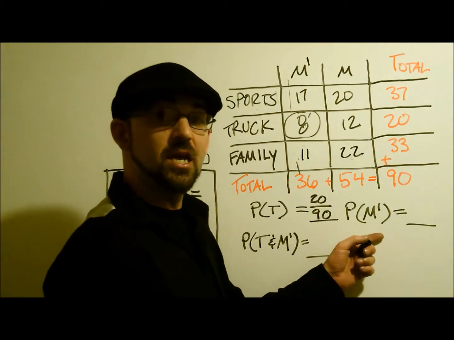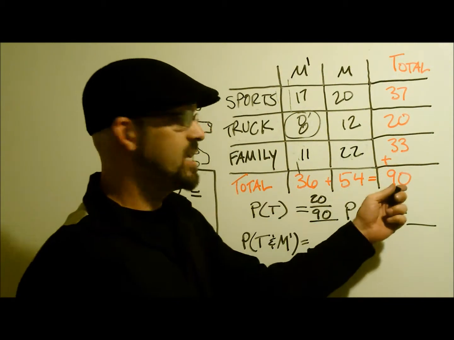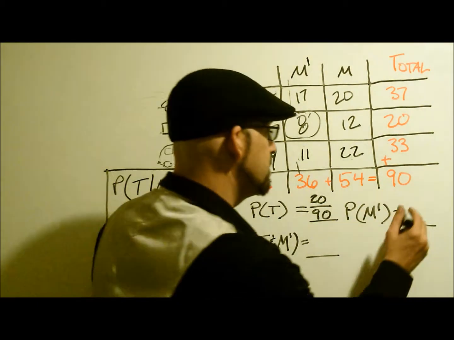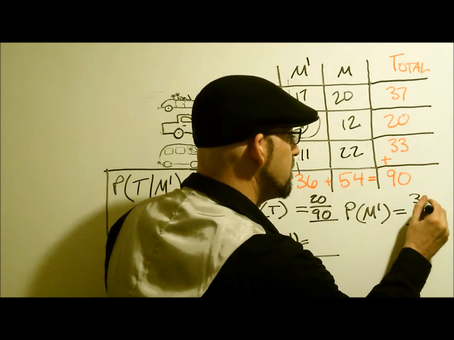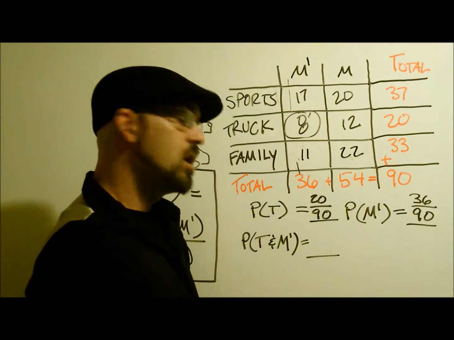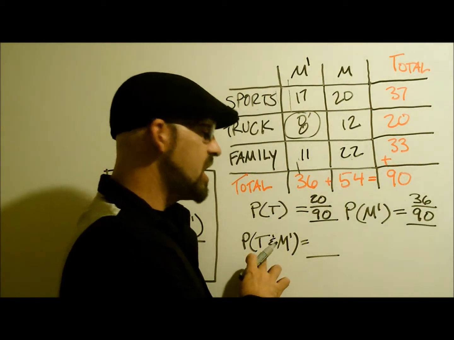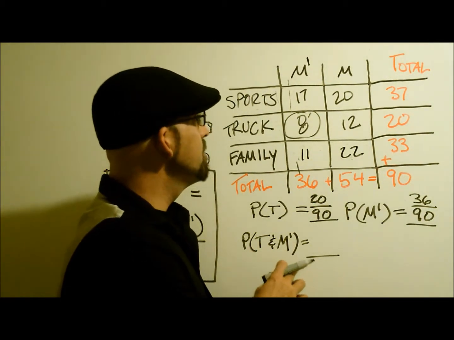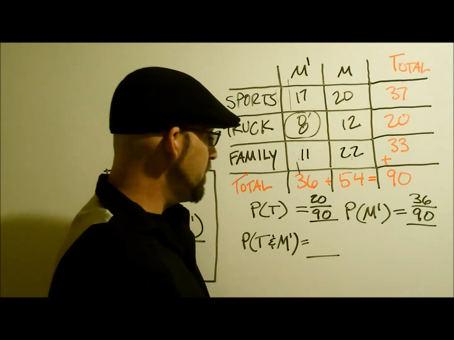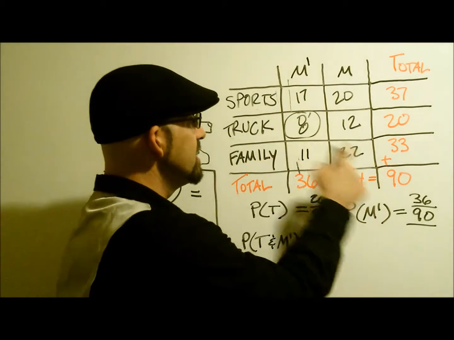The probability of not being married is 36 out of 90. The probability of having a truck and not being married, well, where do they intersect? Right here at the 8. So it's 8 divided by 90.